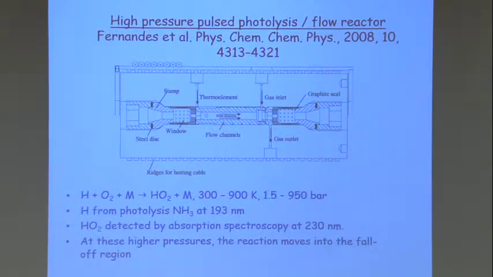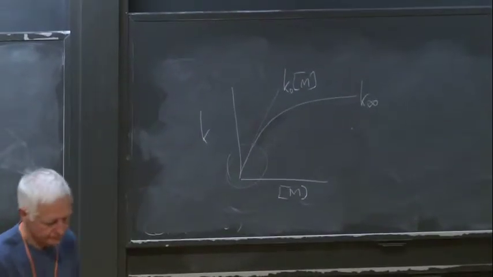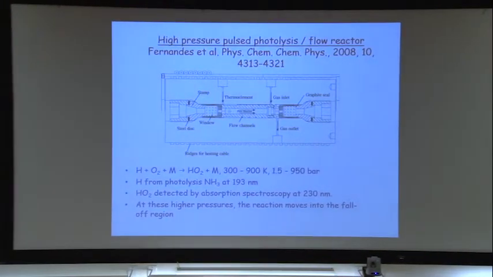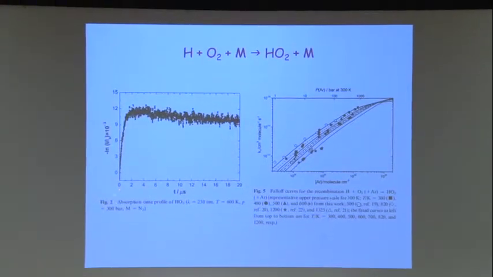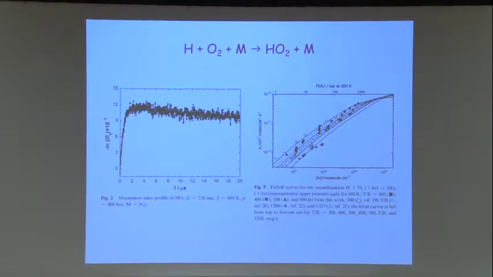And at these higher pressures, the reaction moves out of this third order region into this region further up here. And so this is an example of the measurements that they made: H plus O2 reacting to form HO2.